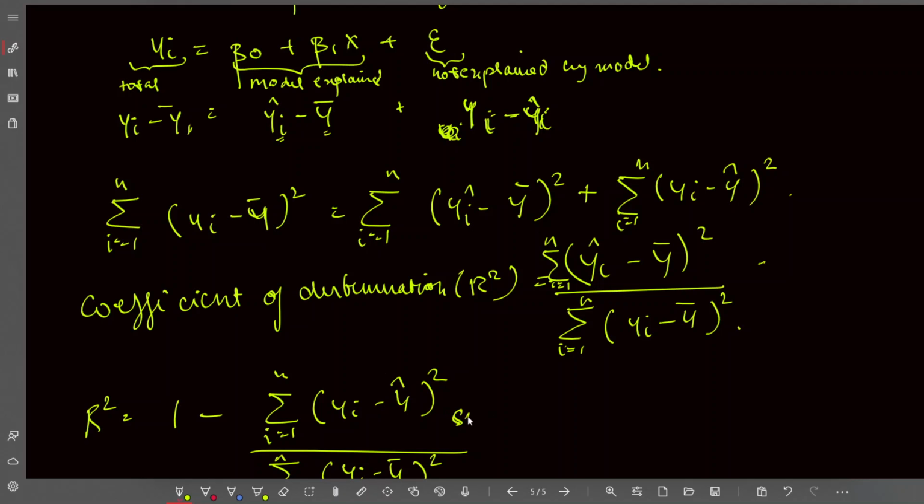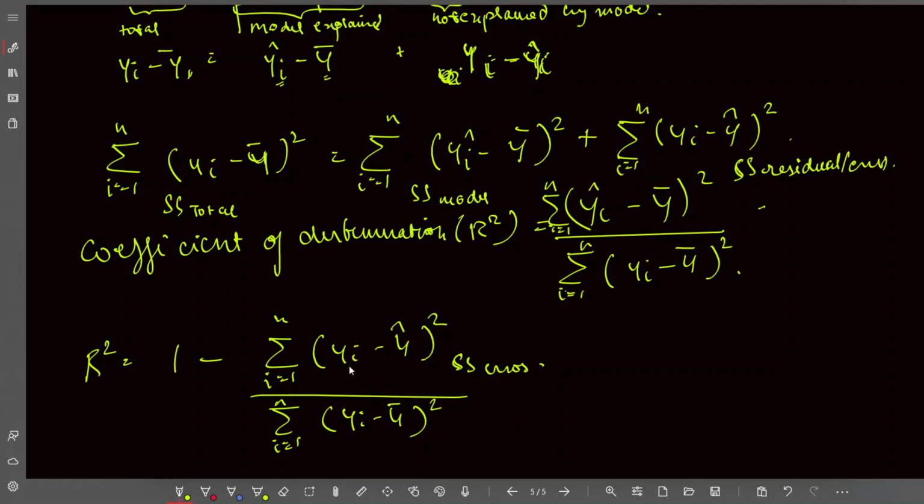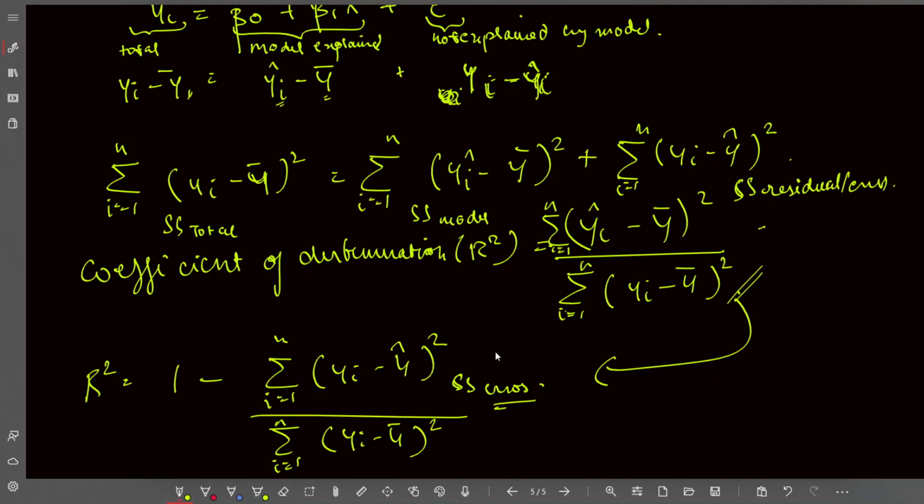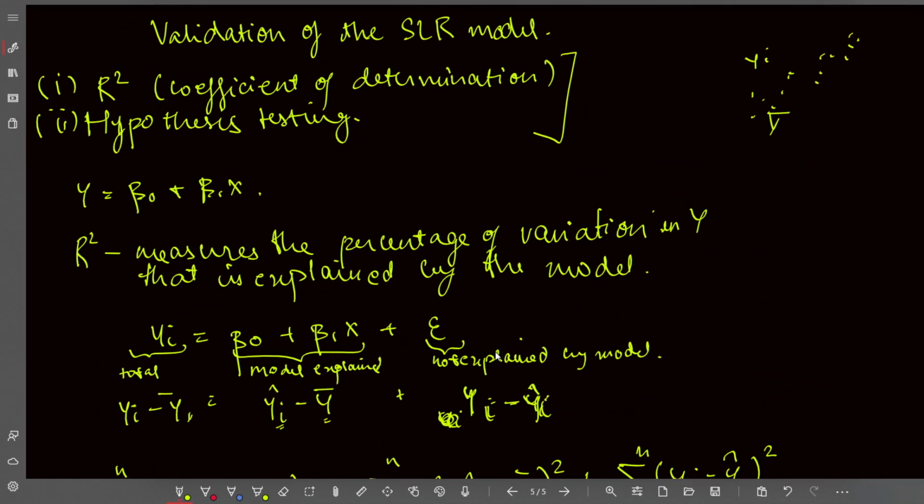This is the sum of squares total. This is the sum of squares model. And this is the sum of squares residual, also called errors. So this is just an algebraic equation where I've changed it to represent it in terms of errors, the sum of squares residuals. This is how you explain or validate how well the model is performing using the coefficient of determination.